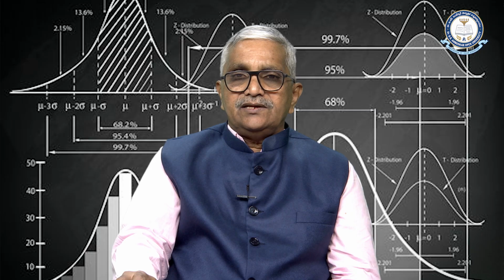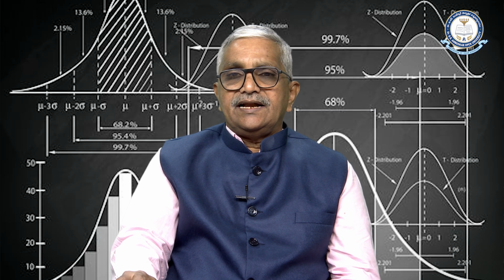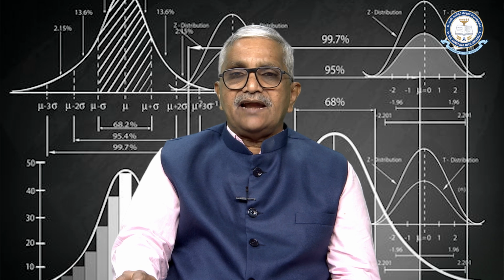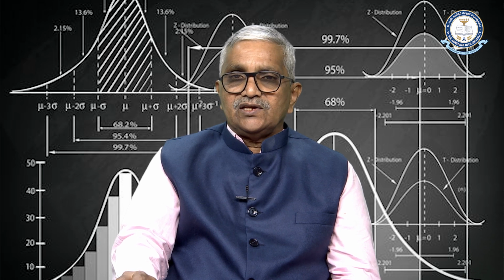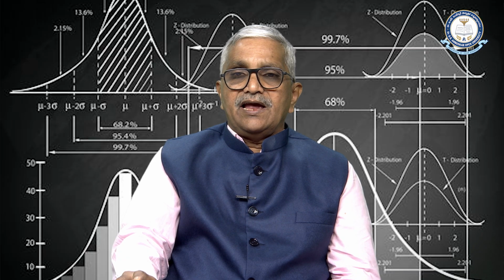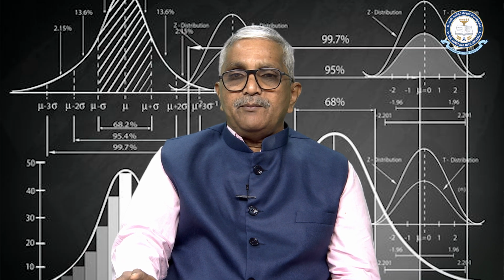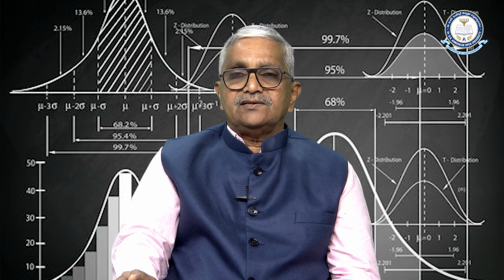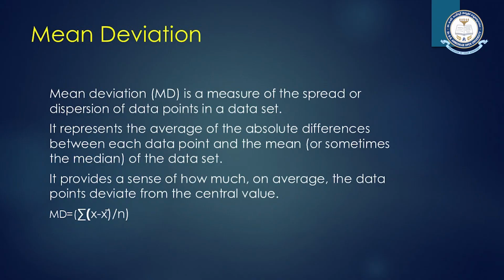We subtract the mean from each value of the data set, and we ignore the signs of those differences, because of a mathematical property: the sum of the deviations of data points from the mean is equal to 0. To avoid that, we ignore signs while calculating the differences from the mean. It provides a sense of how much the data points deviate from the central value of the distribution.